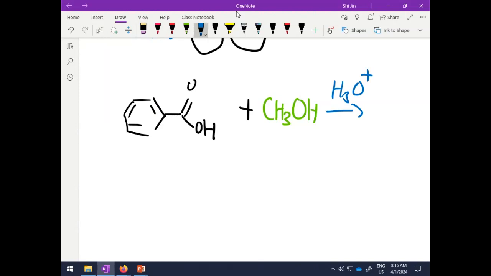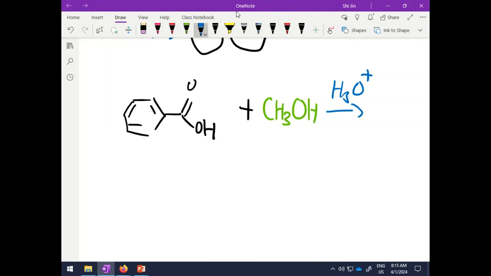So why is the reaction catalyzed by acid? Why can't we use base to catalyze this reaction? Yeah, but if you use a base, will the reaction happen or not?